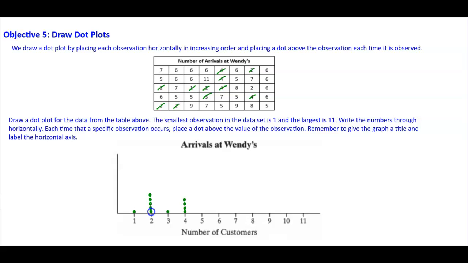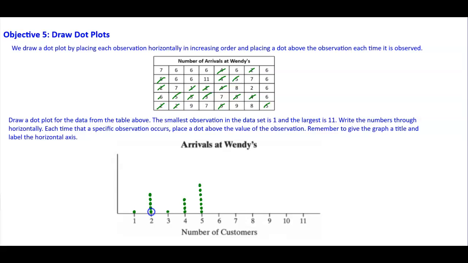And then for 5, we have 1, 2, 3, 4, 5, 6, and then 7.